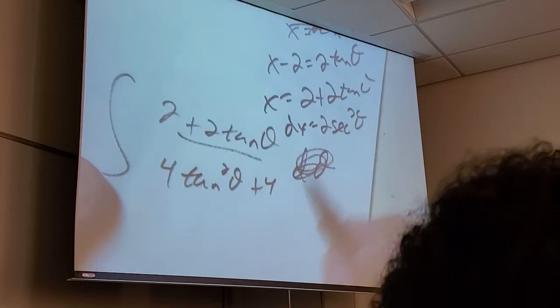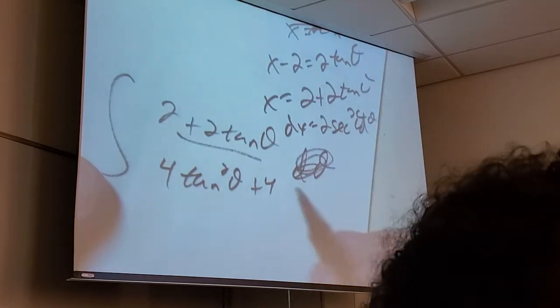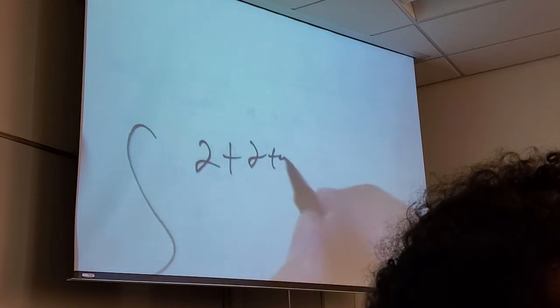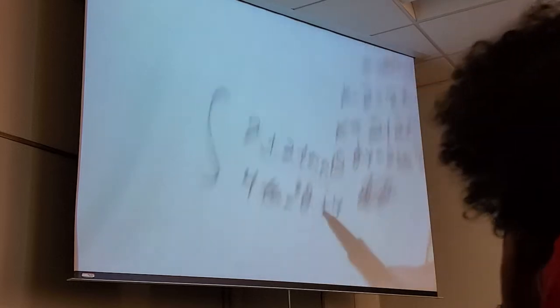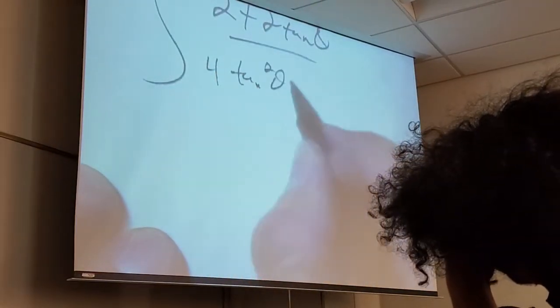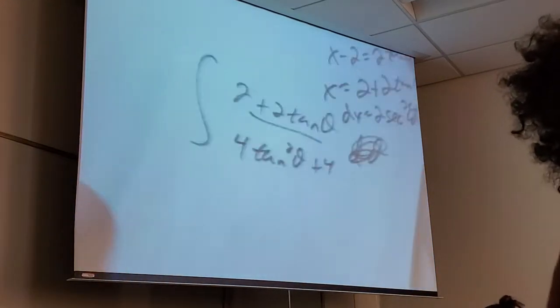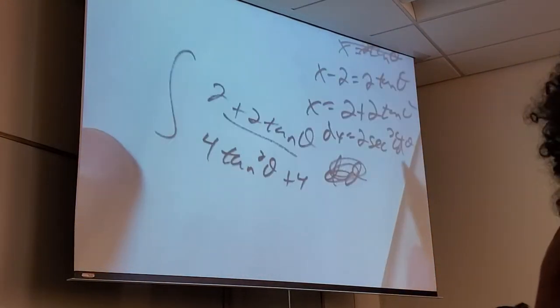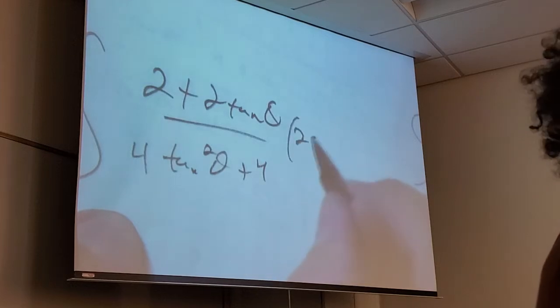Let me write this over here. On the top I get 2 plus 2 tangent theta, because that's what x is. On the bottom, 4 tangent squared theta plus 4. And then dx is 2 secant squared theta d theta.